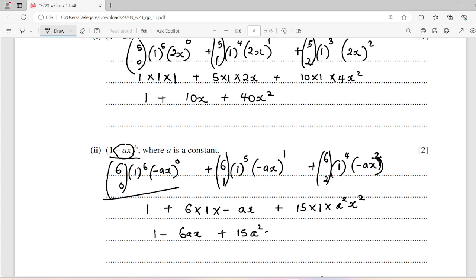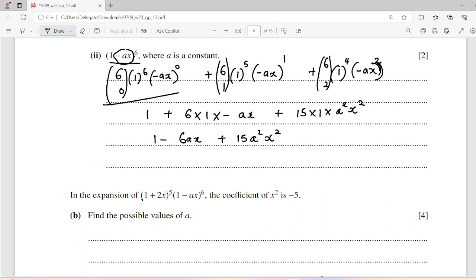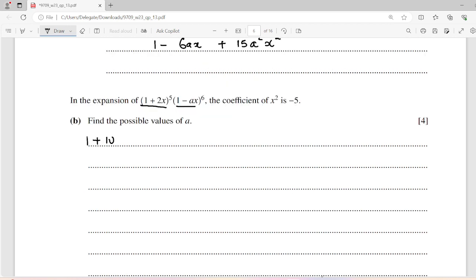They are saying that in the expansion of this times that, the coefficient of x squared is -5. So you need to be very careful. We already expanded (1 plus 2x) power 5, and the expression we got was 1 plus 10x plus 40x squared. And in the other expansion of (1 minus ax) power 6, we got 1 minus 6x plus 15a squared x squared. We are interested in the coefficient of x squared, and we are told the coefficient of x squared in this expansion is -5.